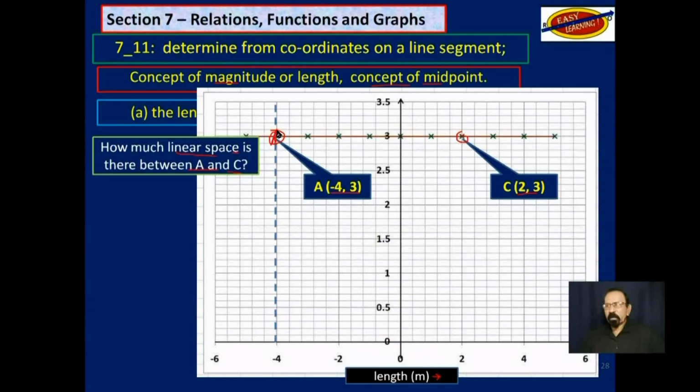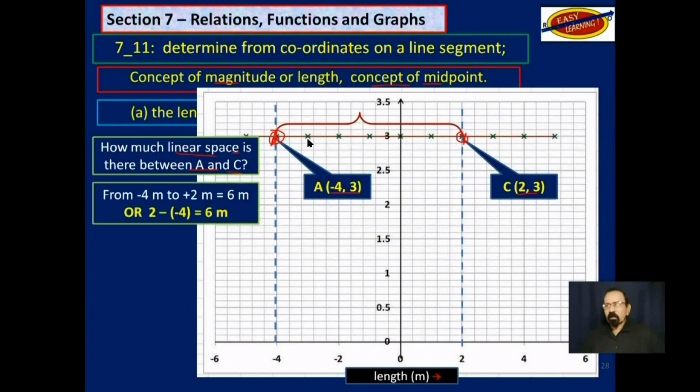From this point here to that, how much space is there? If we count them, or we can even calculate them, from -4 to +2, we have 6 meters. You can count them: 1, 2, 3, 4, 5, 6 meters. That's the linear space between A and C.